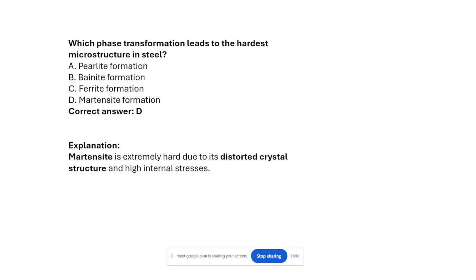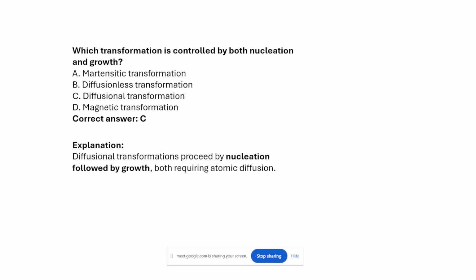So it is the next fastest cooling rate, and that will be bainite formation. After the bainite phase, pearlite will be the hardest phase, because it has Fe3C also. After that, ferrite. Ferrite is the purest alpha phase, so it will have less hardness.